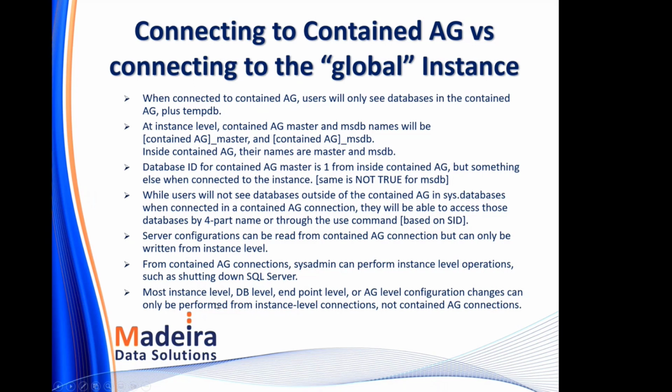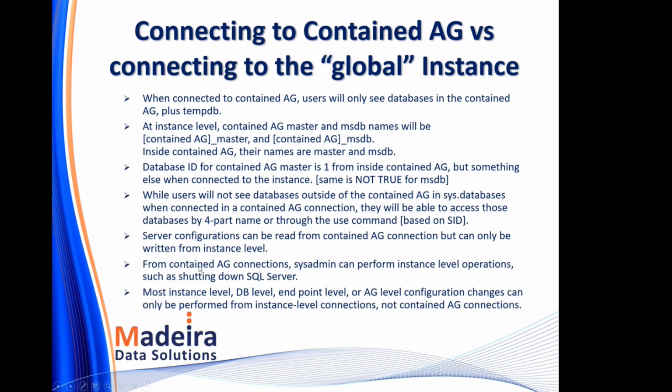The same is true for most instance level, database level, endpoint level, or availability group level configuration changes. You can read them, but you cannot change them from within contained availability group connections. You will have to be connected to the regular instance level.